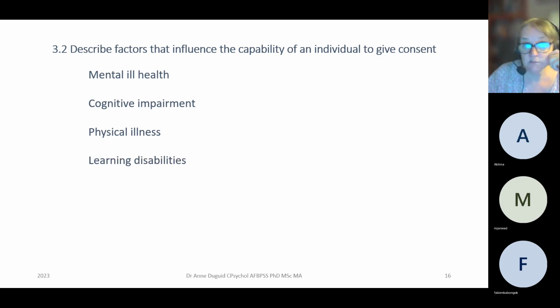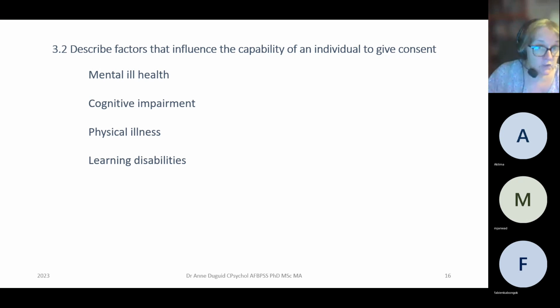Learning disabilities, very, very commonly consent is an issue here. And again, it can be a bit of a grey area. In some situations, the individual is deemed to be unable to give consent for medical treatments because they're not able to understand all of that, but they can still consent to things like, do you want to put your socks on?